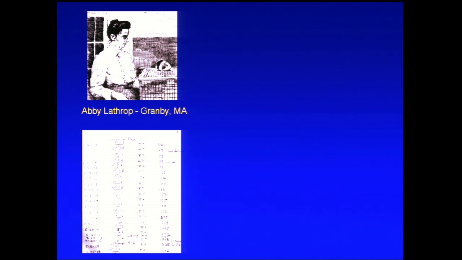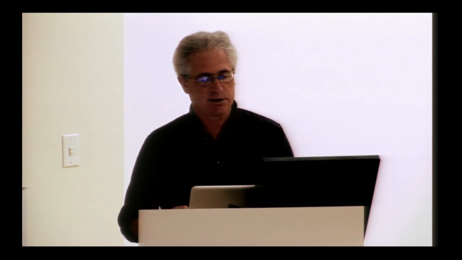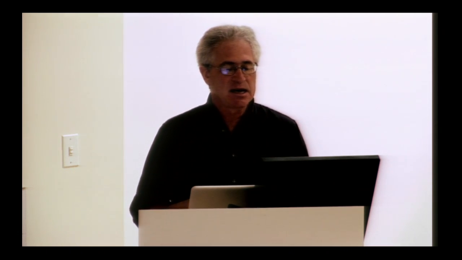Abby Lathrop was a retired school teacher, and she was raising mice basically for the pet trade. Back in the day, people would get all these different mutant mice that had interesting coat colors and interesting fur and have them as pets. And she was supplying them.